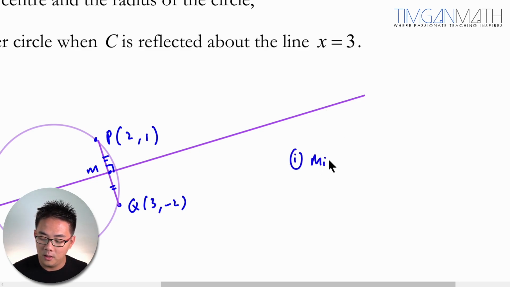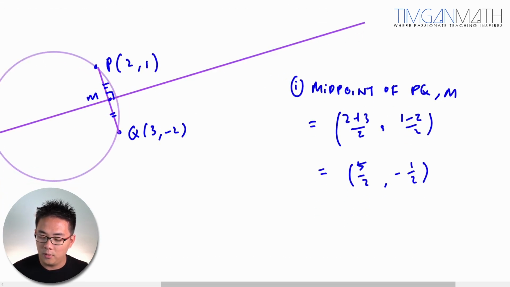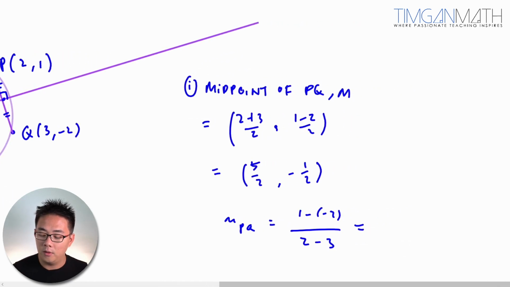Midpoint of PQ is (2 + 3)/2 and (1 - 2)/2, which gives 5/2 and -1/2. The gradient of PQ is y1 minus y2 over x1 minus x2, make sure your sequence is okay, so 1 minus (-2) over 2 minus 3, which is 3 over -1, so negative 3.